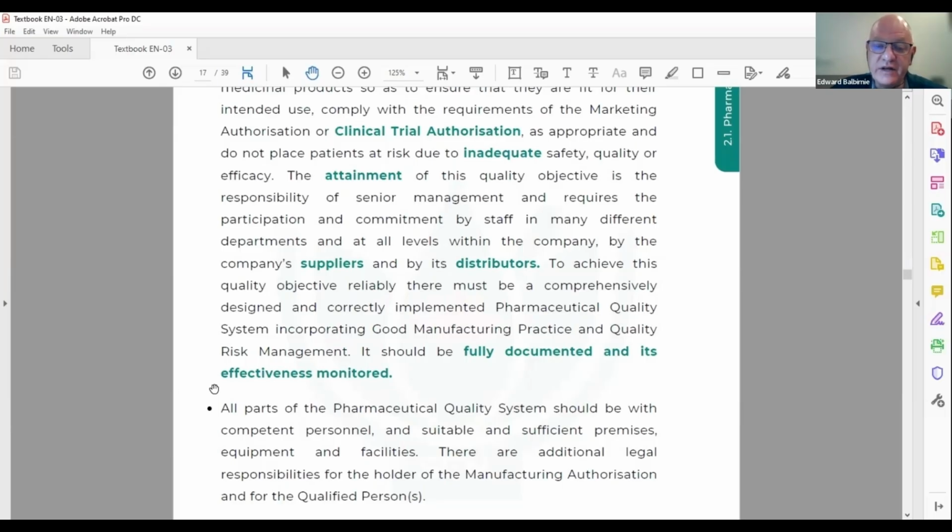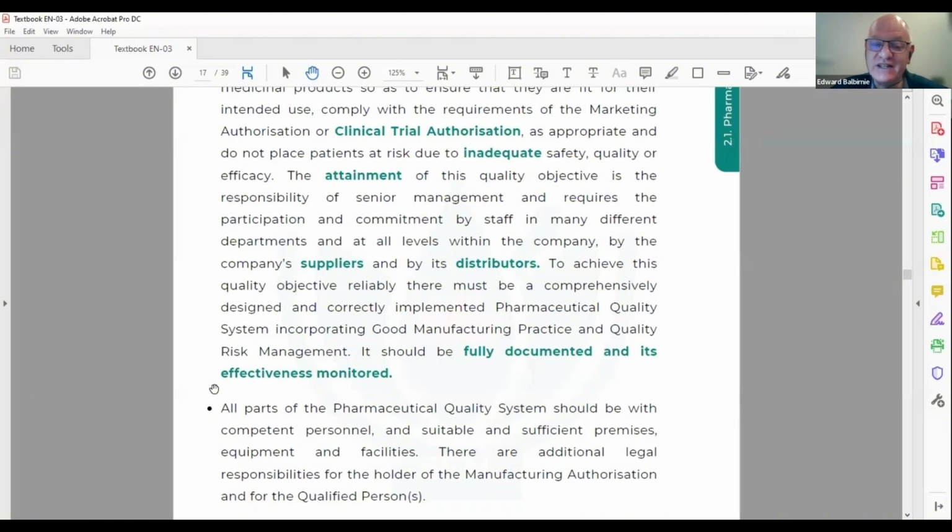And then when it says its effectiveness must be monitored, I guess that means you have to demonstrate that the system works. You do internal audits. If it doesn't work, you may have deviations. And then the CAPAs, you would try to improve the system, and then demonstrate that the improved system works better than the previous system.